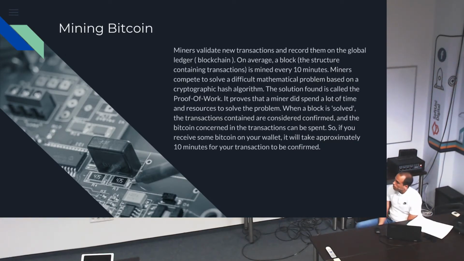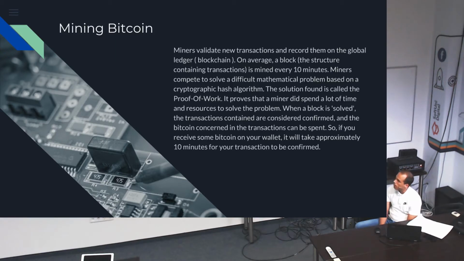Mining Bitcoin is the next thing that we are going to see. Here we're going to see what it's like to get an input and then apply SHA-256 on it. When it comes to mining Bitcoin, we talked about a cryptographic puzzle.